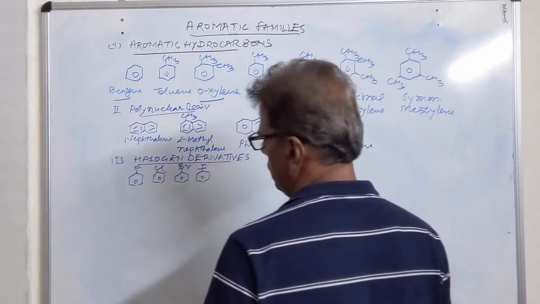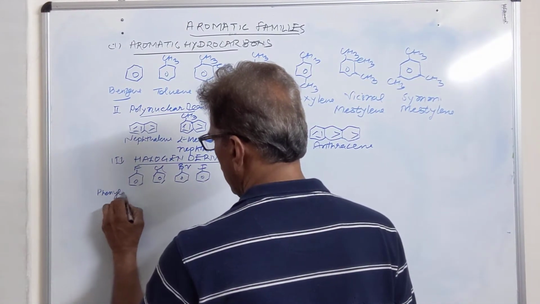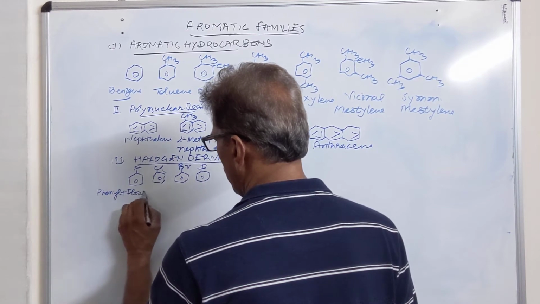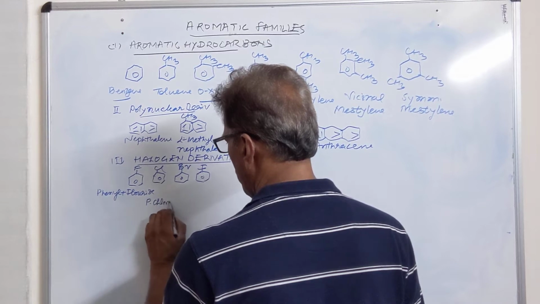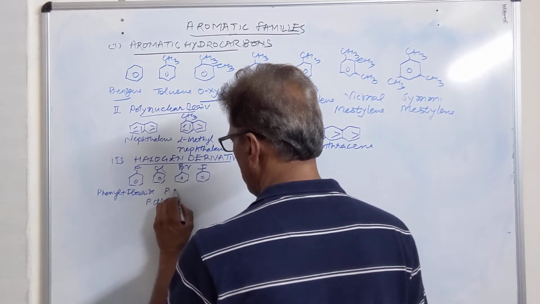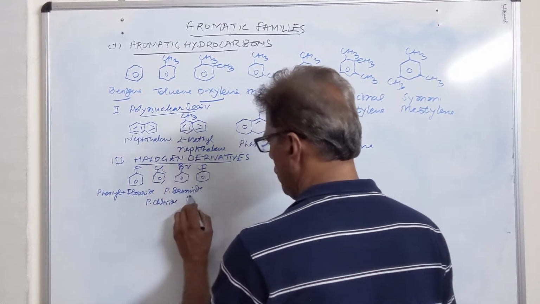They are called as phenyl followed by name of halogen. Phenyl plus fluoride, phenyl fluoride. This will be phenyl chloride. This will be phenyl bromide. This is phenyl iodide.